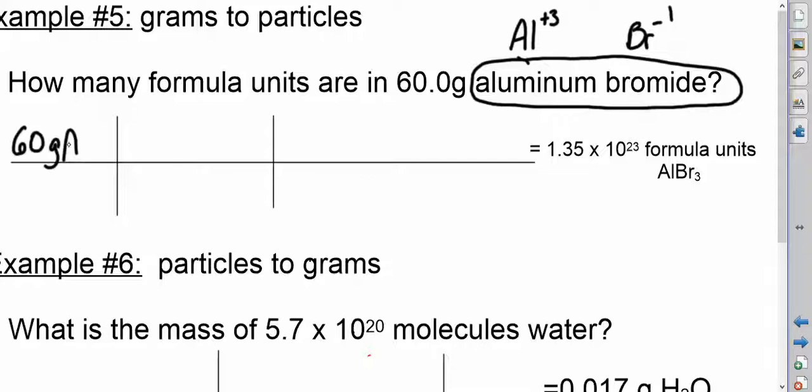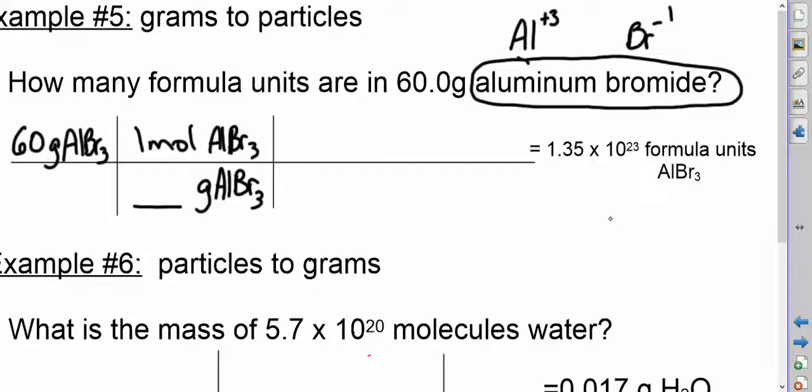Now I have to get rid of grams because grams are here, so I want to put grams on bottom, but I have to know how many grams there are in 1 mole. You're always going to go to mole here. If you're not given moles, 1 mole will be the molar mass: 3 bromines times 80, 79 point something, we'll round that to 80.